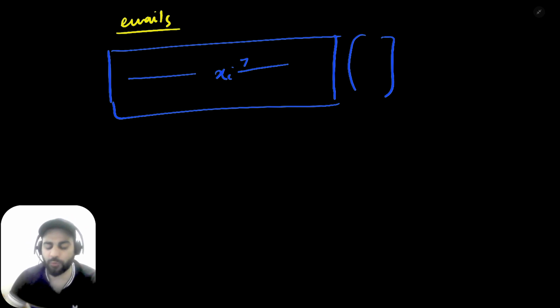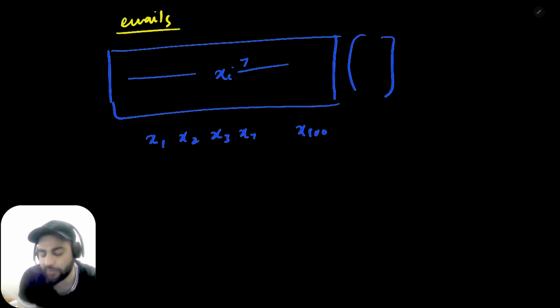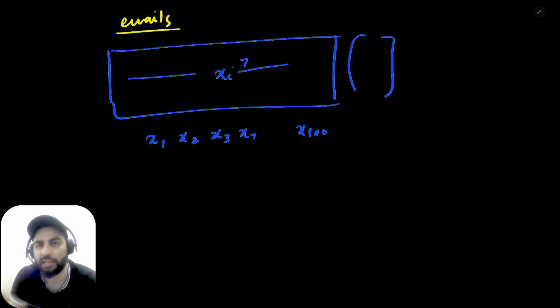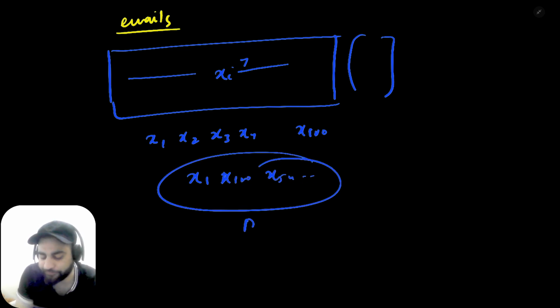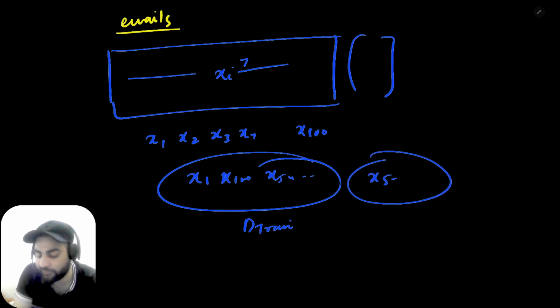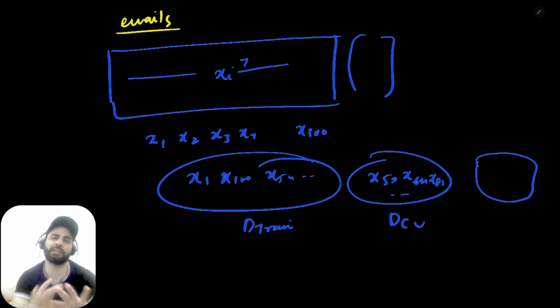Suppose I had x1, x2, x3, x4, up to x100 emails. If I randomly split them into D train and D test, I might get x1, x100, x54 into D train, and x59, x64, x81 and so on into D cross validation. Then the testing is basically random splitting.